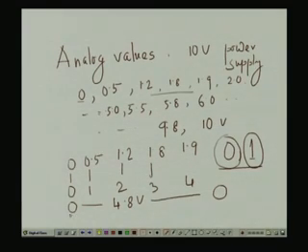If it is greater than 4.8 volt, that means 4.8 to 10 volts, then it will be 1. So one range is replaced by one value, another range is replaced by another value 1.